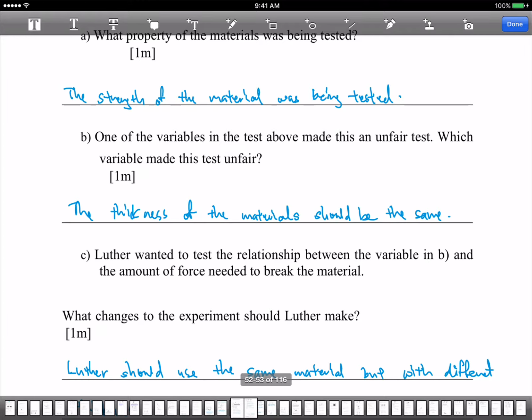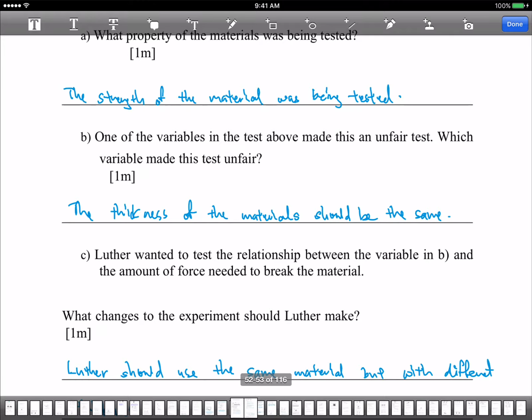The thickness should be the same. Always the same. If the thickness is not the same, can you say that one material is stronger than the other? When you use a very thick one and a very thin one, and then you say that, oh, because I put weight here, this thing never breaks but the other one breaks. Alright? Okay, next.